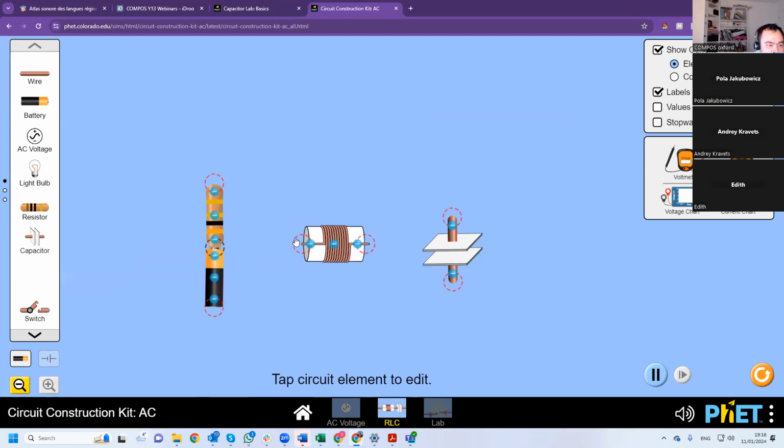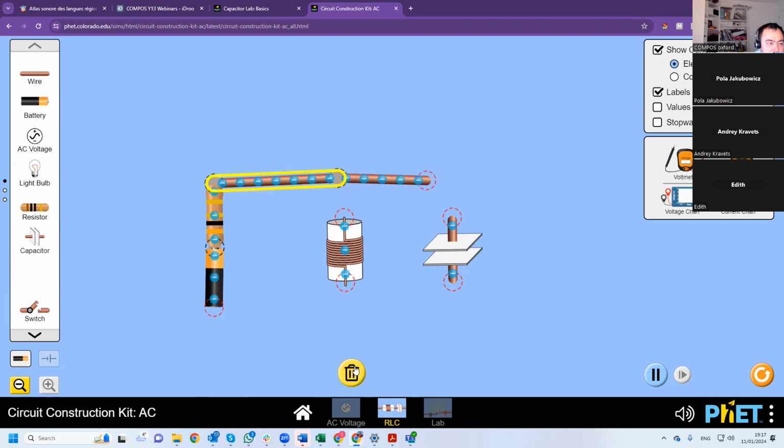And we have an inductor here. Oh, forgot the switch. Got the switch. And we have a wire, another wire.